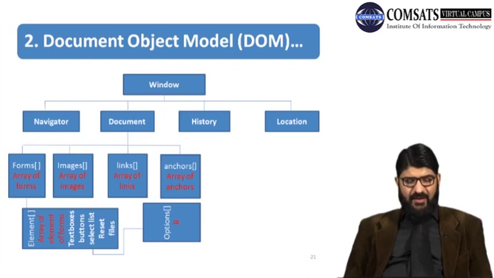Considering the array of forms, the elements are written as an array of elements for forms, where different elements can be shown like text boxes, submit button, list, files, etc. And for the list, again multiple options are divided, and in this way we can move from document towards the form, and from the form, which is a specific hierarchy, we can move onward towards the elements, and towards the element detail.